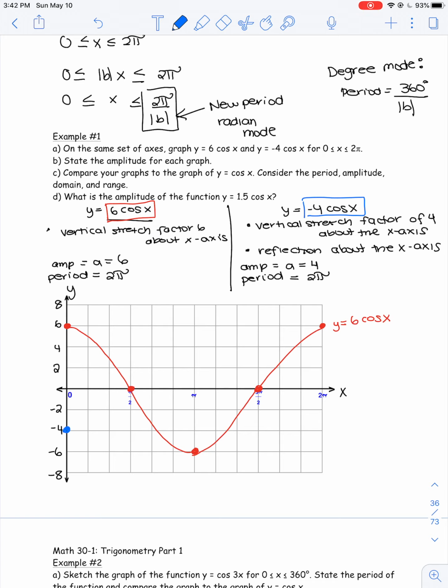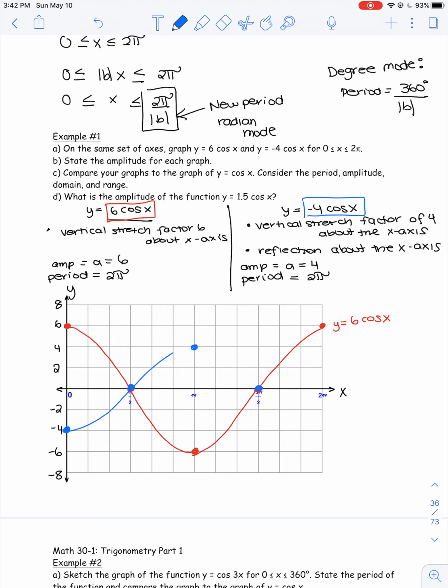And then again, if you go trace and put in pi divided by 2, you should find that that is an x-intercept. So it has the same x-intercepts as the red one. And then at pi, if you go trace and put in pi, enter, you should get that it's equal to +4. So that's your maximum.